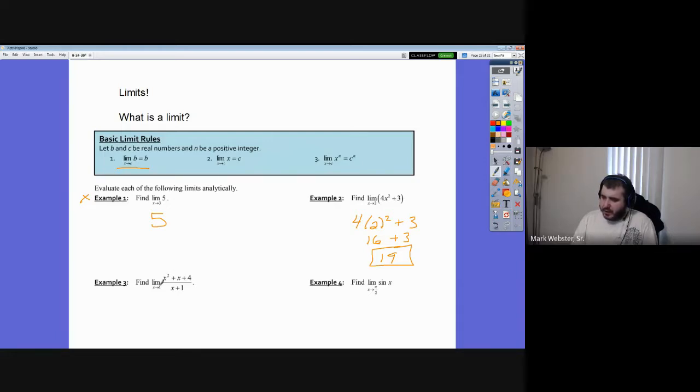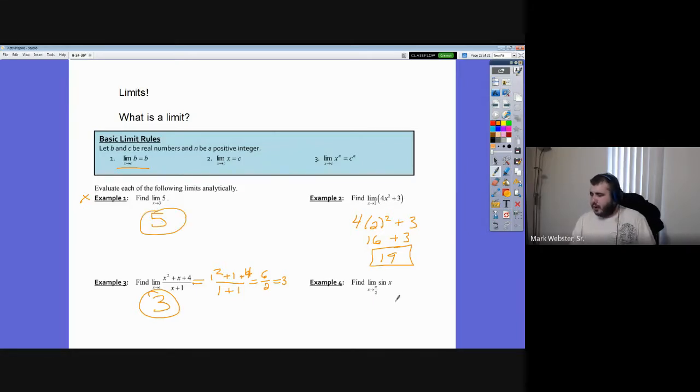So we plug in 1, and look what we get. I can do that, right? This isn't going to come out to be 0 on the bottom, so we know we're okay. 1 squared is 1, 1 and 4 is 6. So we got 6 over 2, and that simplifies to 3. So the answer here is 3.